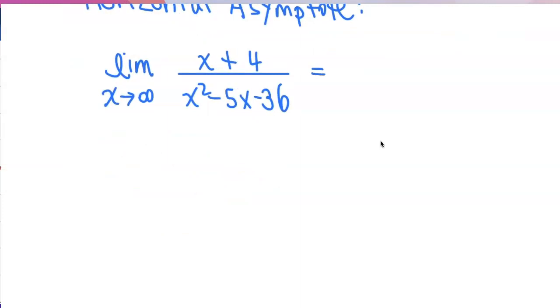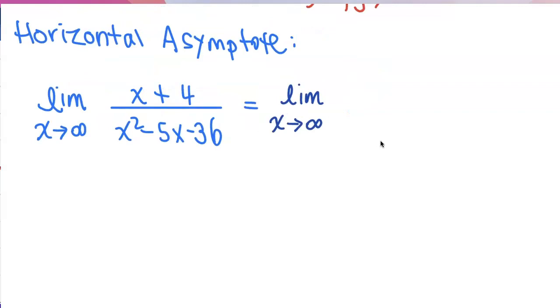If you want to find the limit as x approaches infinity, we're going to divide all terms by the x raised to the biggest power in the denominator. So look, the biggest exponent in the denominator is x squared, 2.